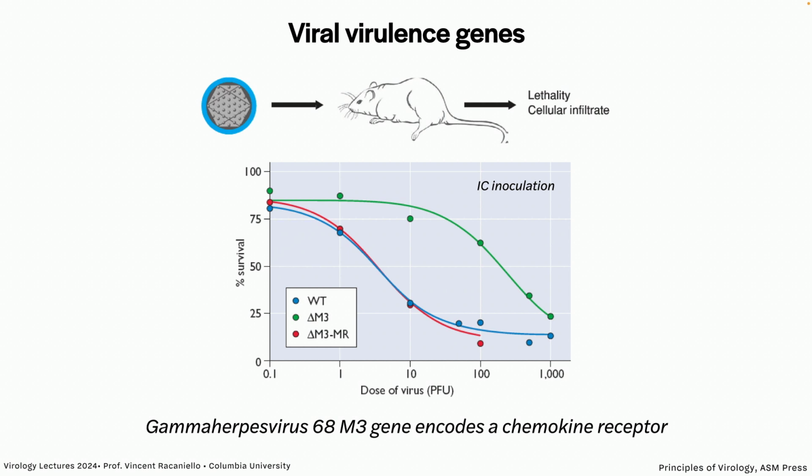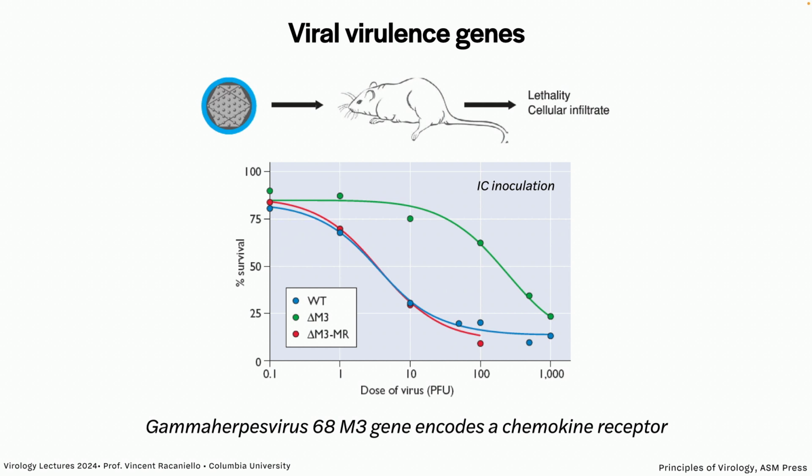So what we've done here is to delete a gene called M3. And the assay is survival here. So we're looking at survival of mice with increasing dose of virus. So the wild type virus in blue, you can see with increasing doses of virus, kills the mice, and a 50% survival point is about right there. That would be about 5 PFU, right?